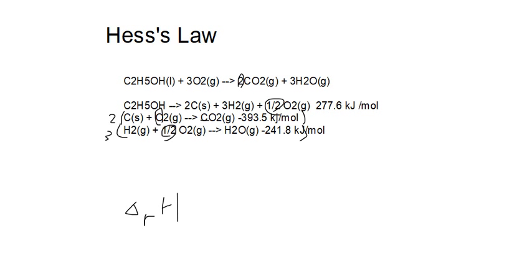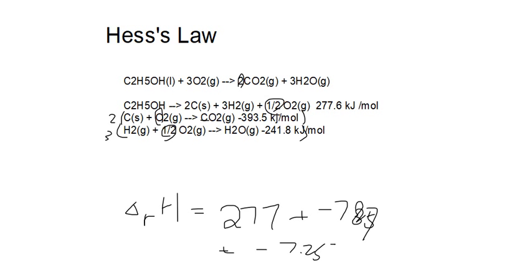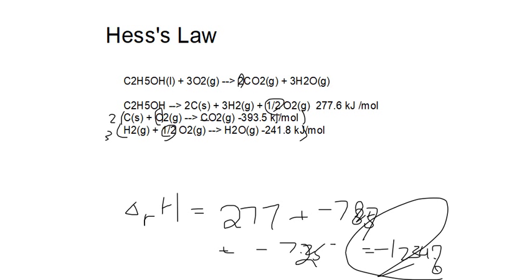Prediction of reaction enthalpy is equal to 277 plus 2 times negative 393.5, which is negative 787, and then 3 times negative 241.8, that's going to be negative 725. That's equal to negative 1234.8.